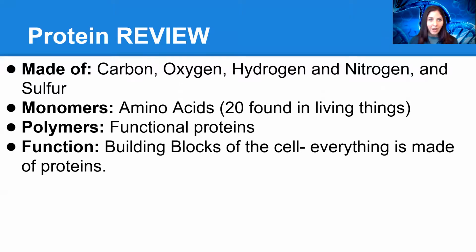So I hope this was helpful. So just as far as a review and kind of like the take-home points that you should have from this, remember that proteins are composed of carbon, oxygen, hydrogen, nitrogen, and sulfur. They have those R groups, and that's what makes one amino acid different from the next. And we have 20 of them. The monomers of proteins are amino acids. The polymers are those fully functional proteins.